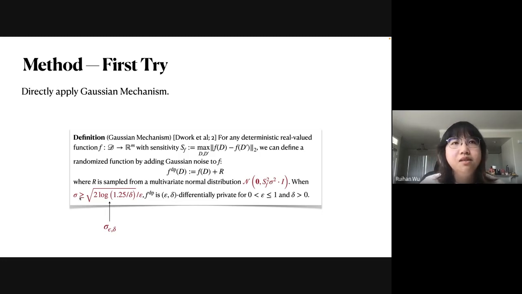If this sigma is large enough, then this randomized function of f is guaranteed to be epsilon-delta DP, and we denote the epsilon-delta related value for sigma as sigma epsilon delta for notation simplicity later.